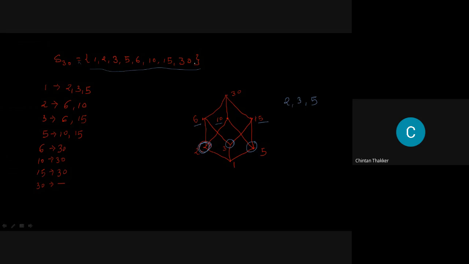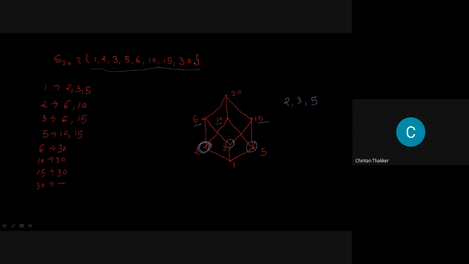Except this, there are no two different elements such that the LCM is 2, 3, or 5. For 2 and 3, the LCM is 6, so 6 is not join irreducible. LCM of 2 and 5 is 10, so it is not join irreducible. LCM of 3 and 5 is 15, so it is not join irreducible.